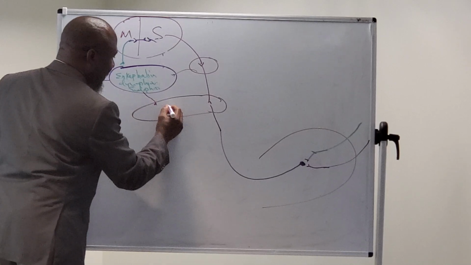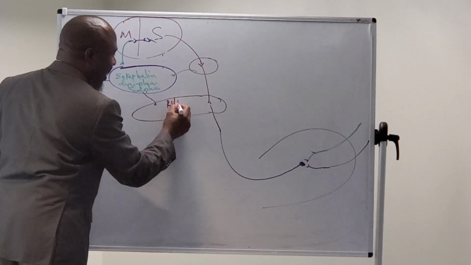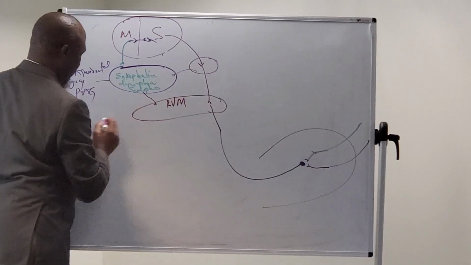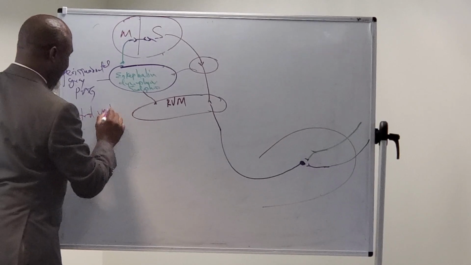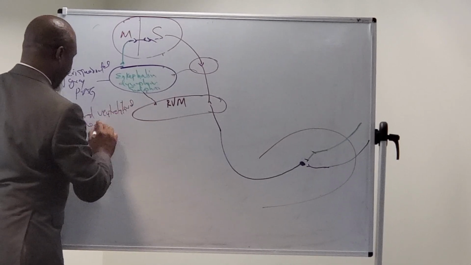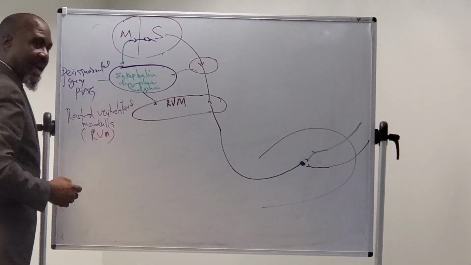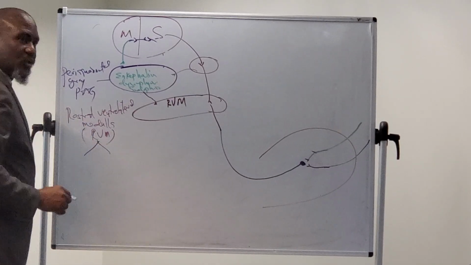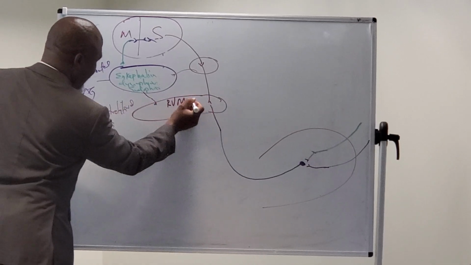This section of the medulla is called the rostral ventrolateral medulla. RVM. And it's made up of two groups. So this rostral is going to be divided into two.